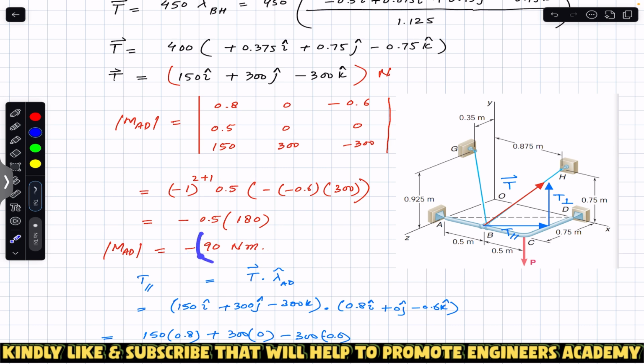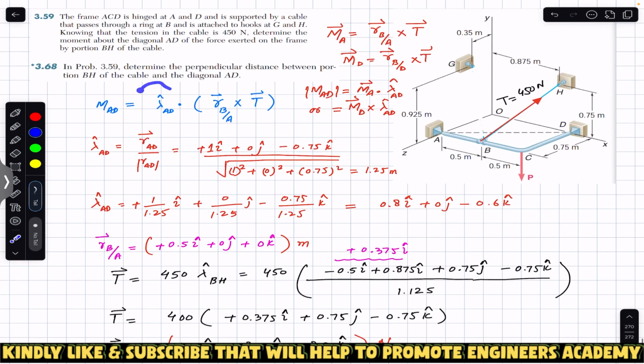So this is the magnitude of the moment about that diagonal AD, and the negative sign tells us that the moment is in the opposite direction of the unit vector that we have selected.